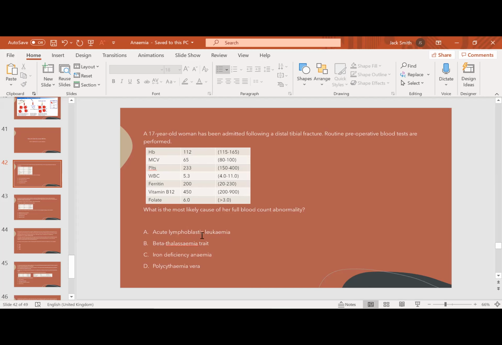His results show that he's got anemia, he's got normal MCV, normal platelets, normal white cells, slightly increased reticulocytes, and on his blood film, we've got schistocytes, spherocytes, and bite cells. So I have to remember back to a little bit of my discussion earlier on.